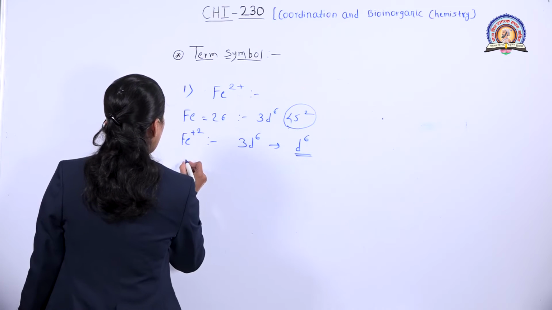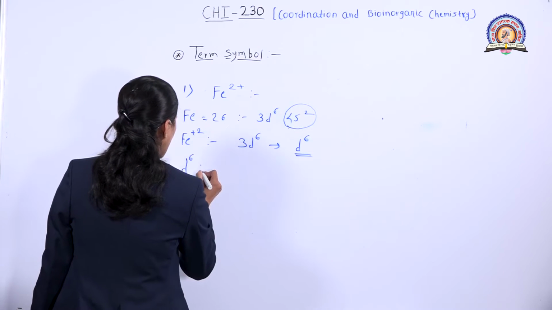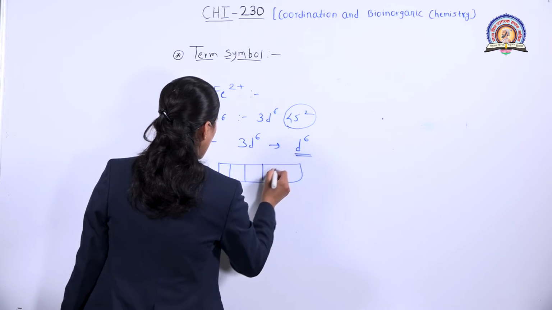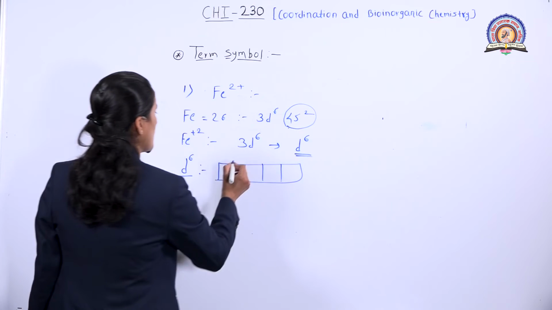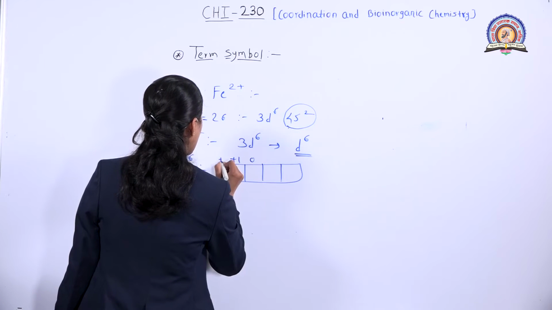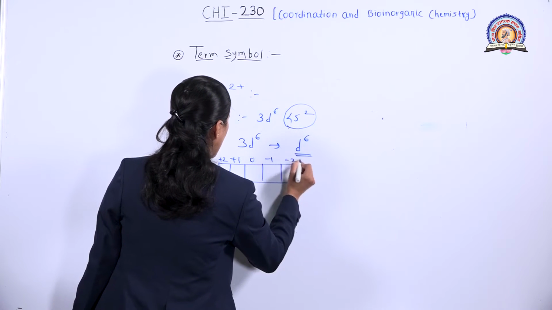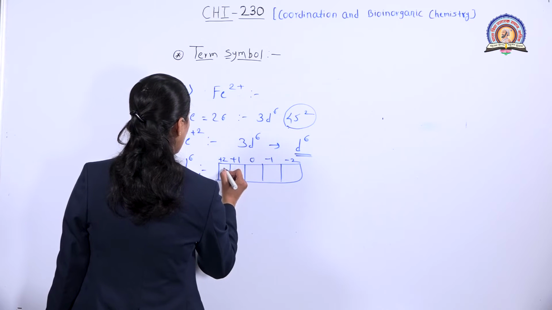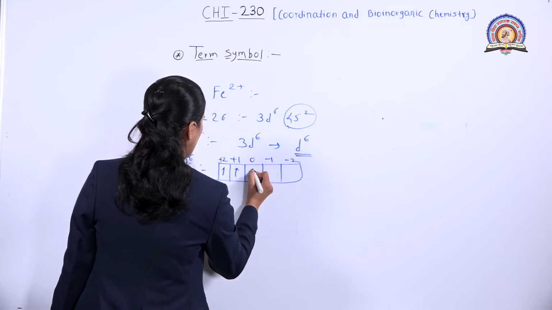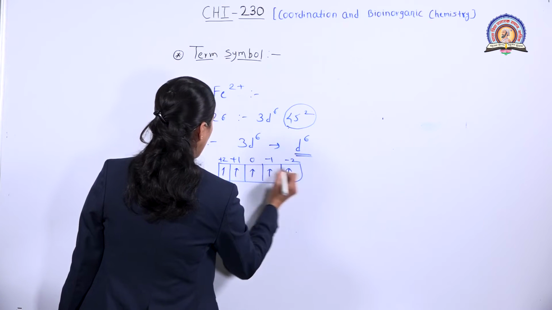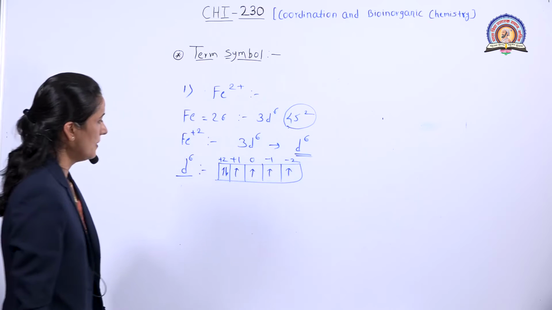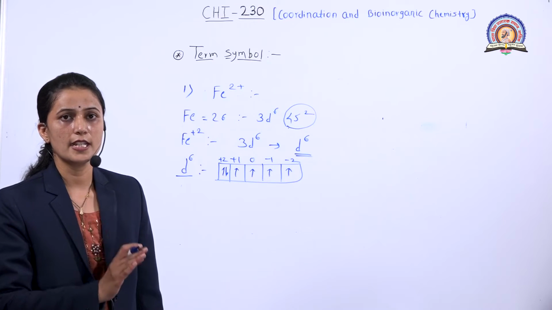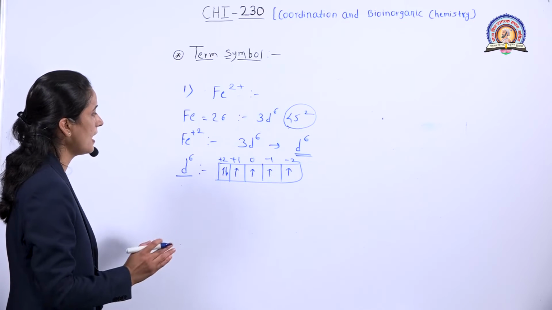So in d there are 5 orbitals, 1, 2, 3, 4 and 5, with 0, plus 1, plus 2, minus 1, minus 2. We have 6 electrons, so 1, 2, 3, 4, 5 and 6. Means we can say now the configuration is more than half filled.